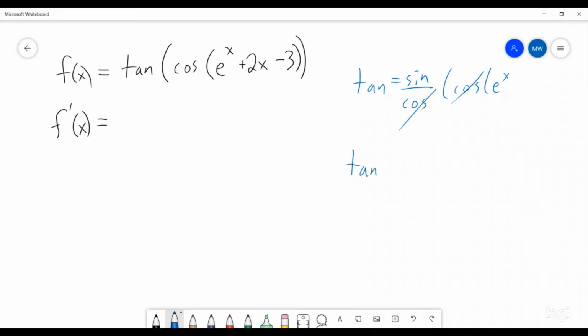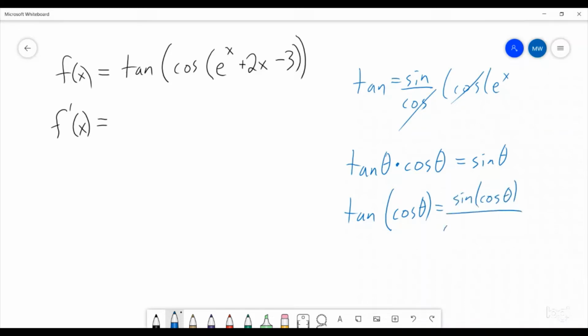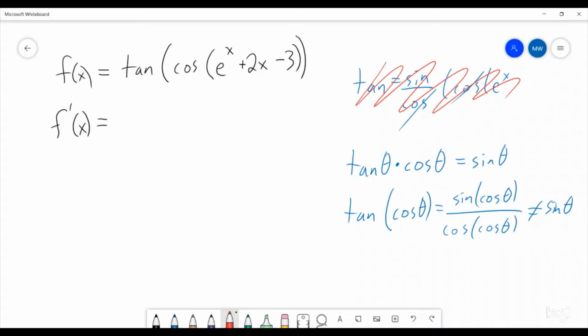Because yes, tangent theta times cosine theta is equal to sine of theta, but tangent of cosine of theta is sine of cosine theta divided by cosine of cosine theta, which is not equal to just sine of theta. Okay, so this stuff that we were looking at up here, that is false. So be very careful with those sorts of things. That is not something that we can do.